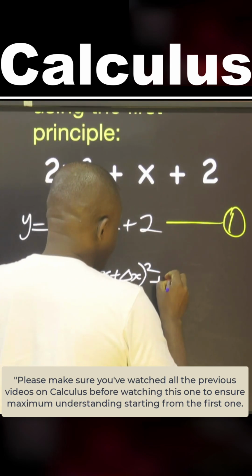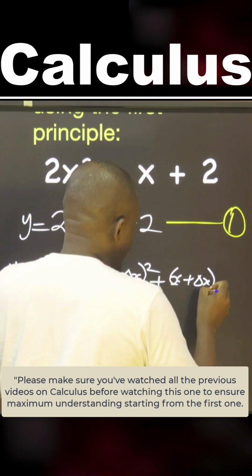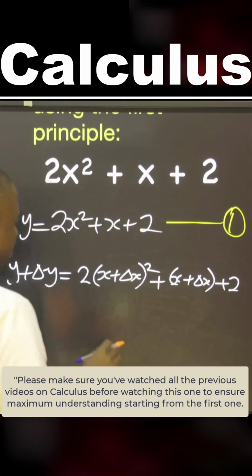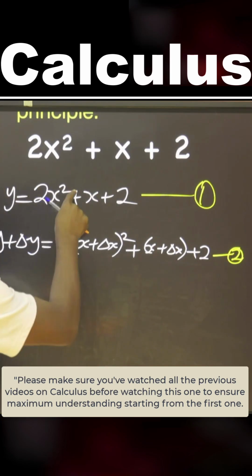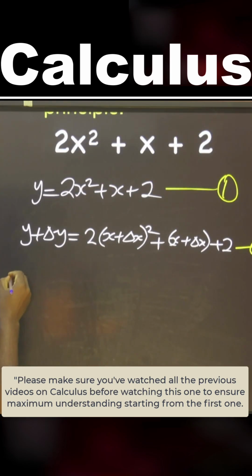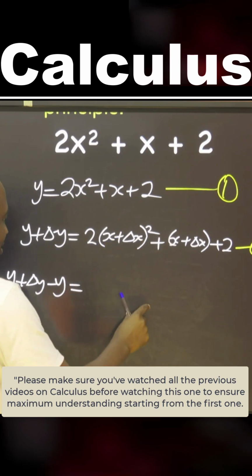The same thing with this. Then equation 2. We subtract 1 from 2 to have y plus this minus this equal to.